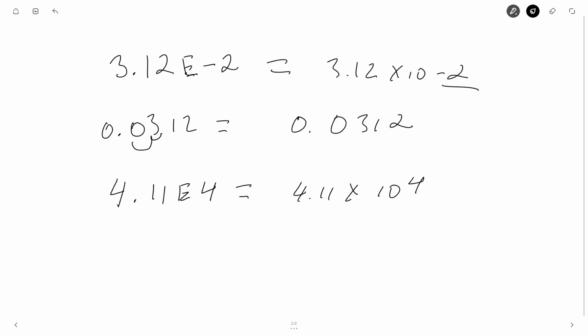I'm going to do the work on the side. This is positive 4, so I move the decimal point to the right 4 times, so 1, 2, 3, 4. So this becomes 41100.